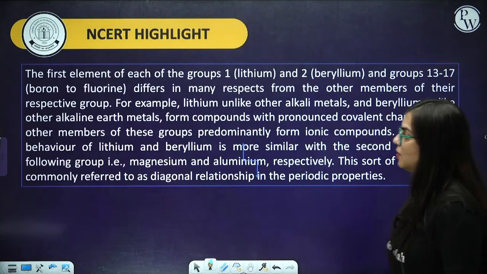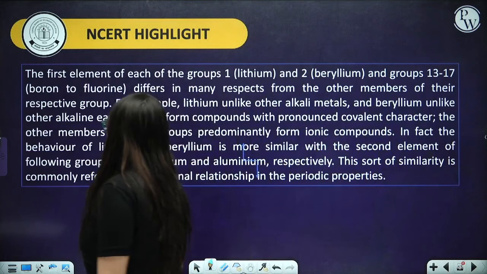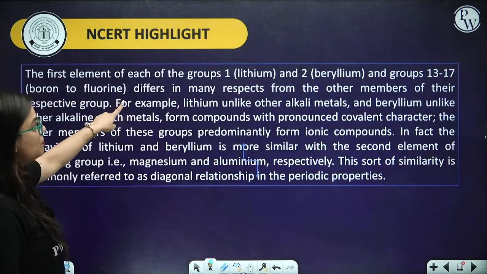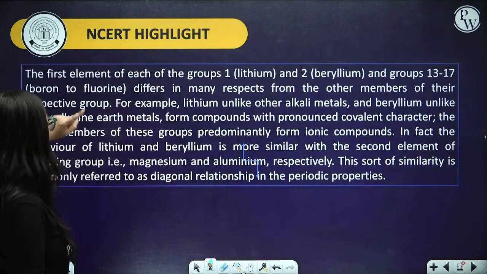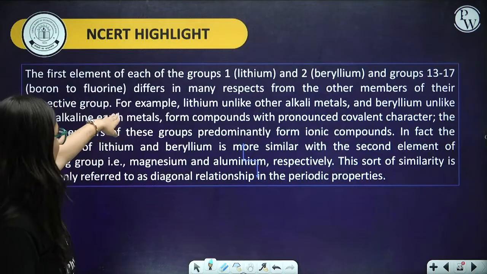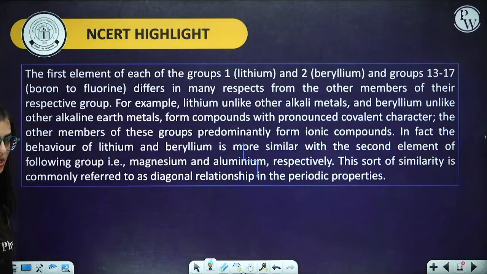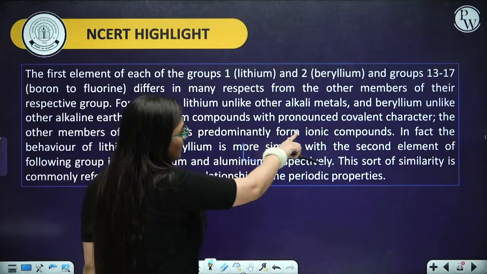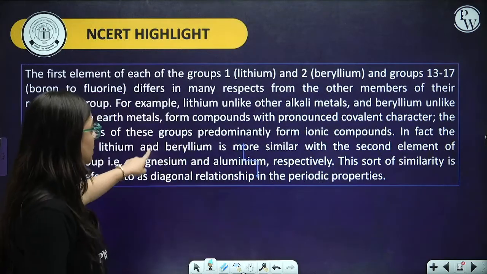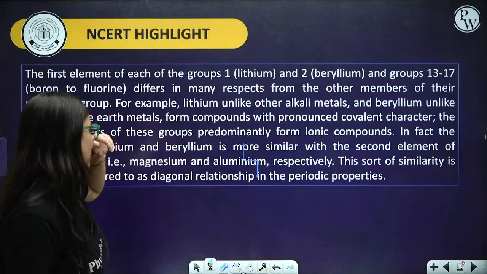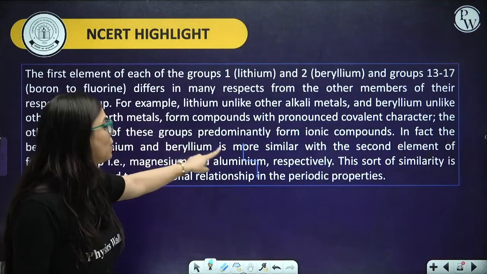That's great. Now let us read the NCERT highlight also. The first element of each group, that is lithium and beryllium, and groups 13 to 17, that means boron to fluorine, differs in many respects from the other members of the respective group. For example, lithium, unlike other alkali metals, and beryllium, unlike other alkaline earth metals, form compounds with pronounced covalent character. The other members of these groups predominantly form ionic bonds.